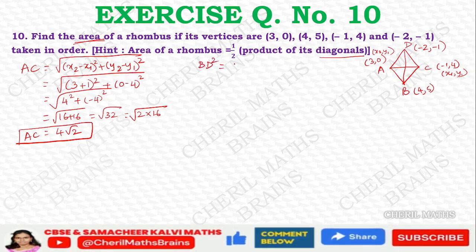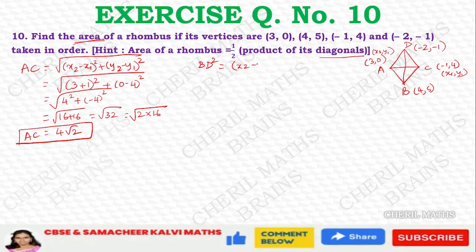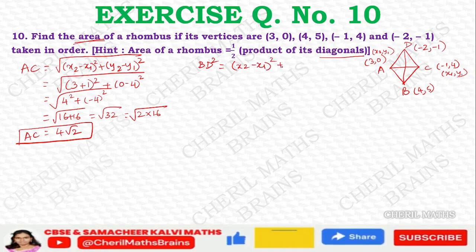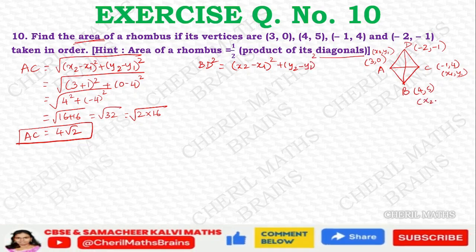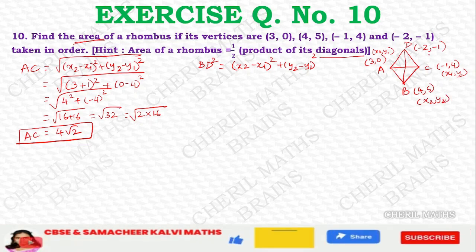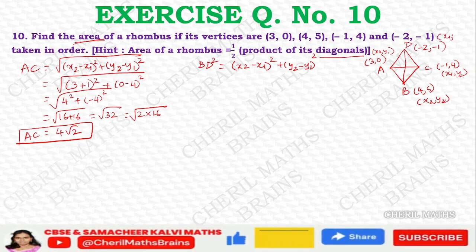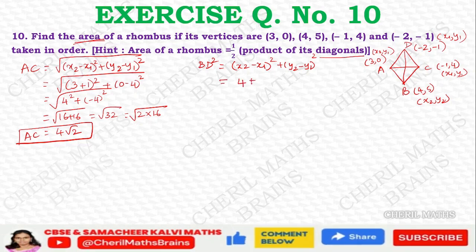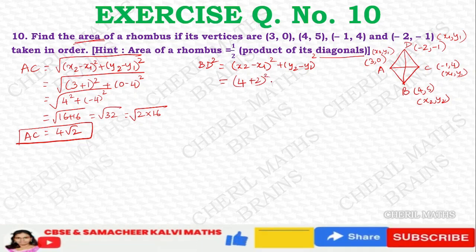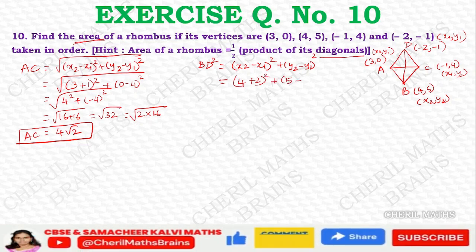If I'm going to write BD square, the formula will be (x2 minus x1) the whole square plus (y2 minus y1) the whole square. Here again I am taking this as x2, y2 and this as x1, y1. So here x2 minus x1 will be 4 minus of minus 2, (4 plus 2) the whole square, plus 5 minus of minus 1, (5 plus 1) the whole square.